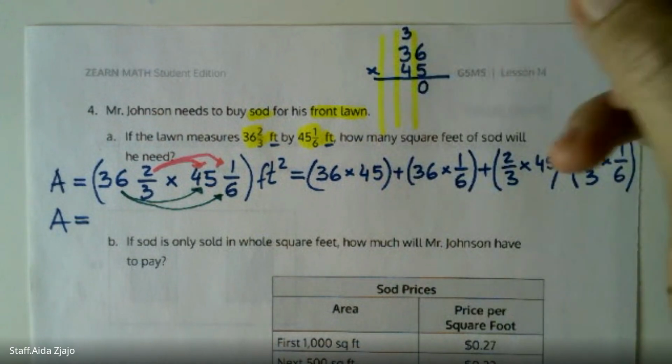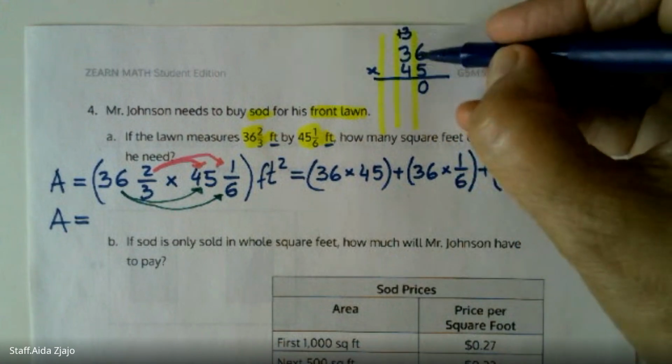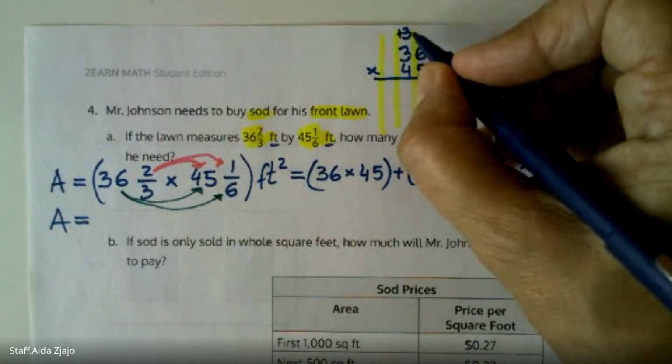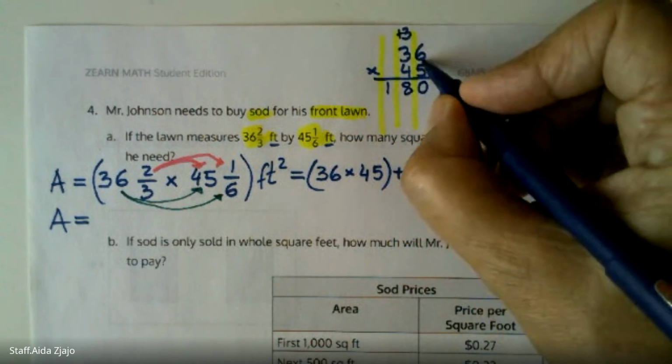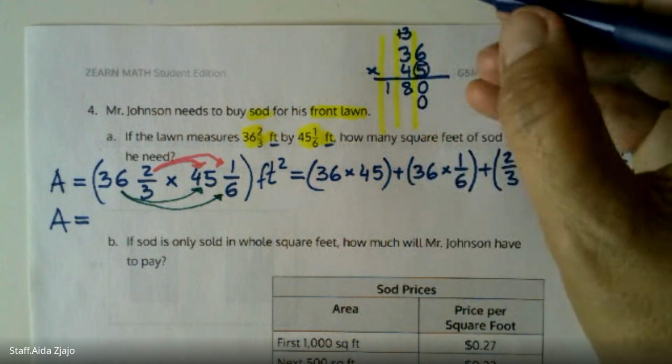So 3 plus 3. Now, 3 times 5 is 15 plus 3 is 18. I'm done with ones, so put the 0 to hold the place.